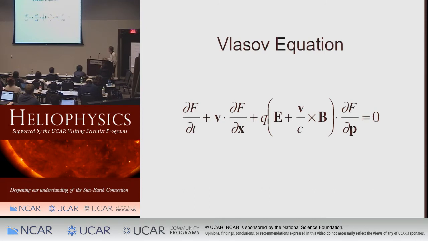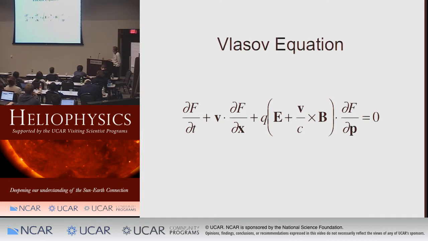If you're in a plasma, you're probably all familiar with the Vlasov equation, it's the collision-free Boltzmann equation. It's basically Liouville's theorem: f is conserved if you follow the particle trajectory, where dx/dt is given by v and dp/dt is given by this quantity. So it's really just a restatement of Newton's laws under these fields.